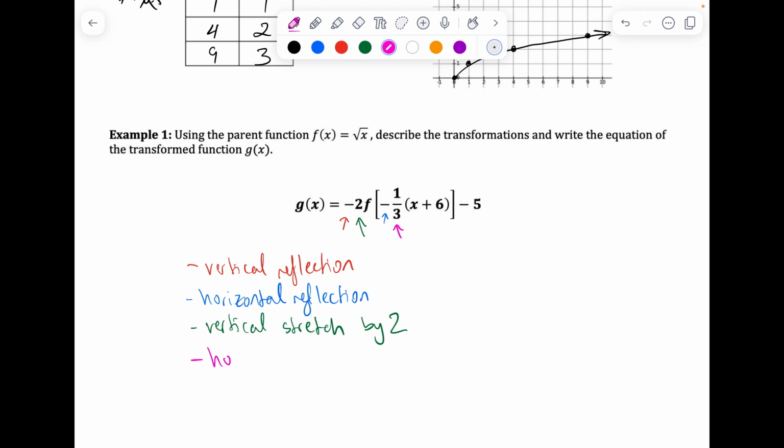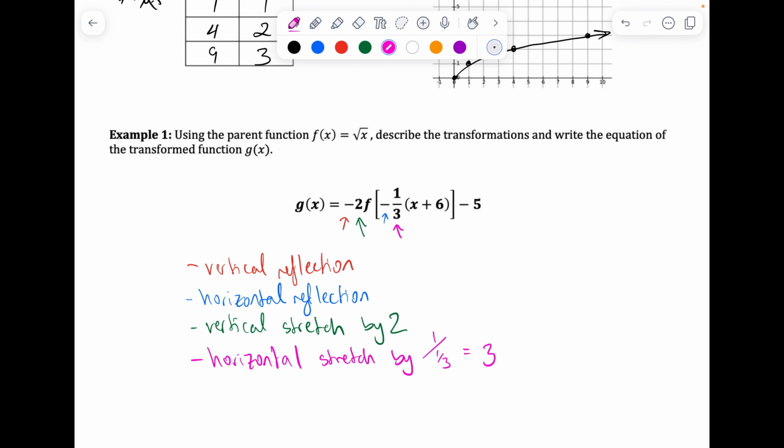So inside means horizontal. Now it's a 1/3, but it's happening to the x's, so that means it's multiplying by 3. So it's a horizontal stretch by, and you can always figure that out by doing 1 divided by 1/3, and you can know that that's a reciprocal, or you can do it on your calculator, and that's going to give you a stretch by 3.